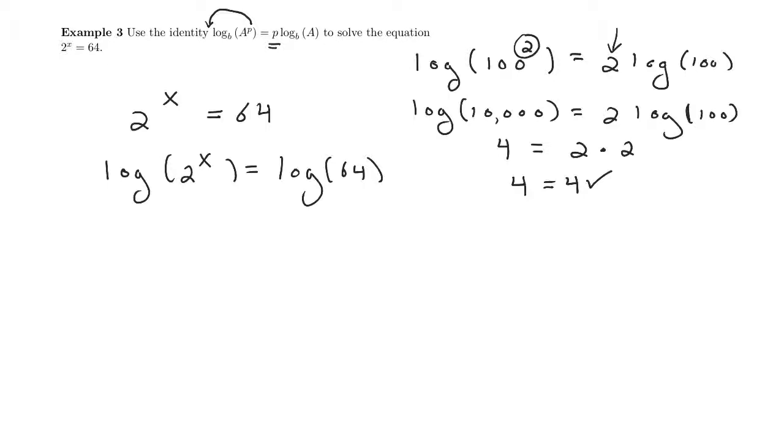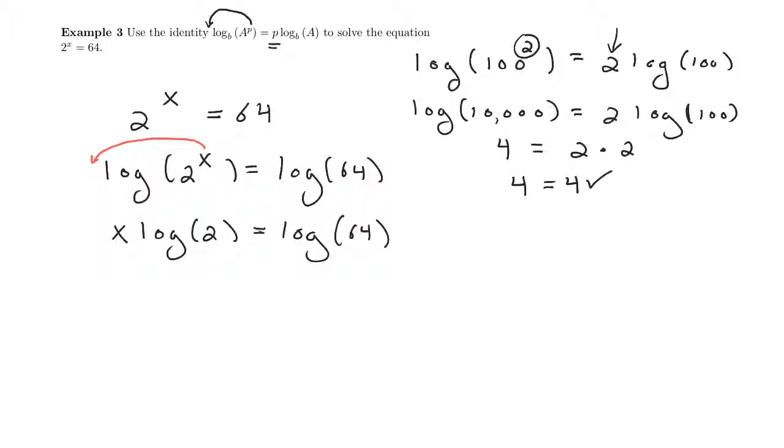The second step is now to apply this property where, oh, well, I have this x in the exponent, but I can drop it down to something outside of the function. So I'm going to write this as x log 2 is equal to log of 64. And log 2 is a number, so is log of 64. It's also just a number.